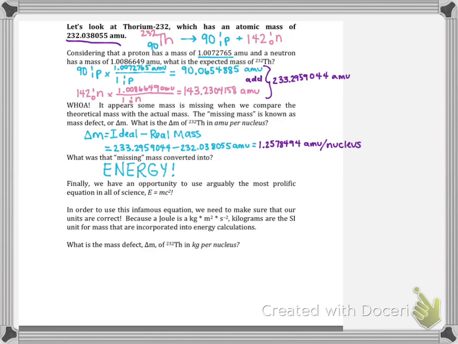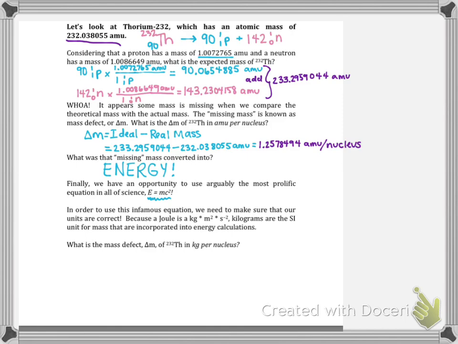So it holds the nucleus in one piece. And so what's kind of cool is that now we get to calculate that energy, and we're going to do that using the most famous equation, E equals mc squared.